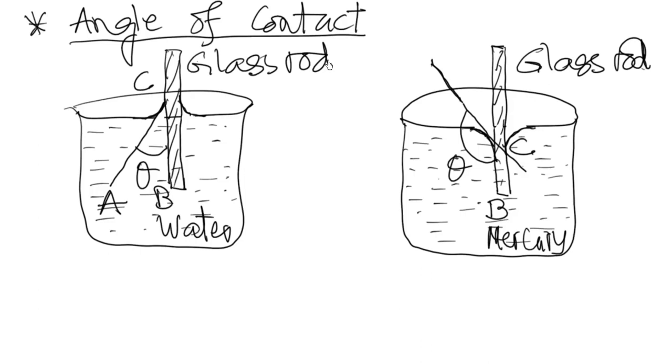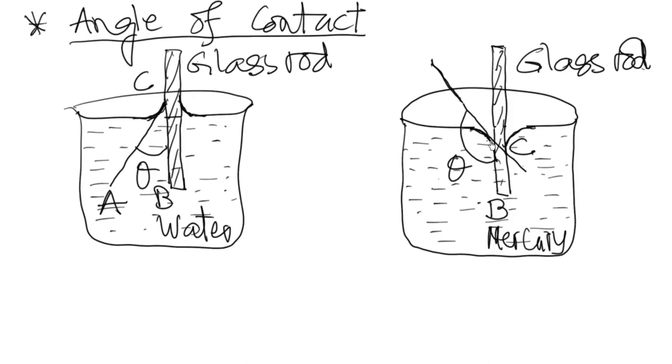If a solid substance is immersed in a liquid, as we have shown here, it is seen that at the point where the liquid touches the solid, here and here, the liquid does not remain horizontal like other places.